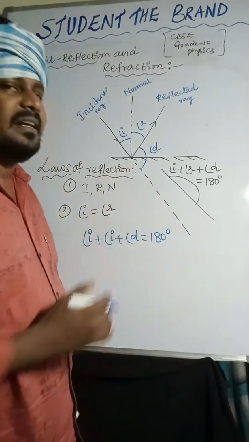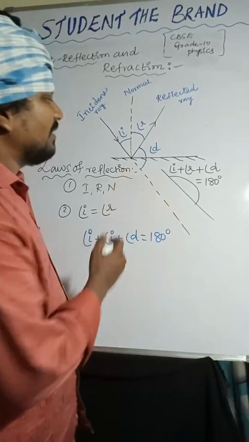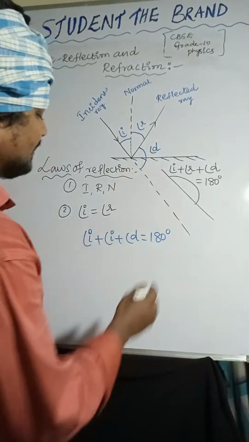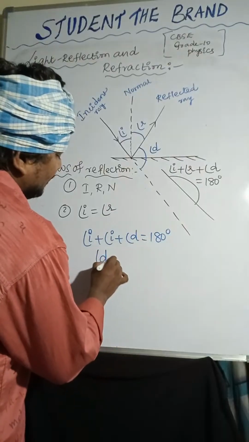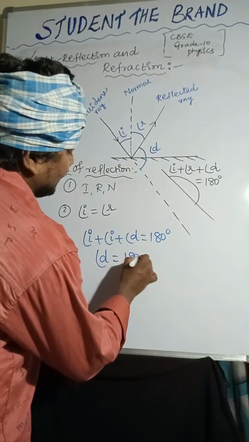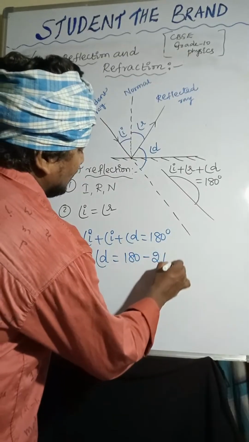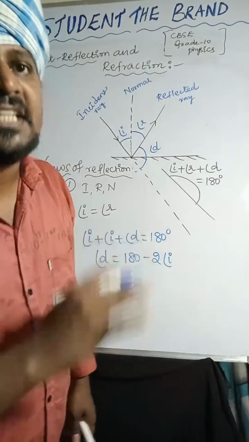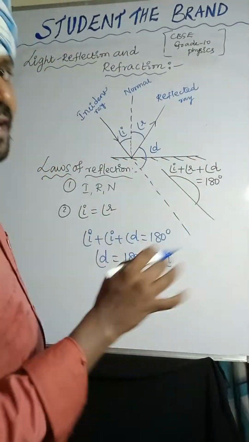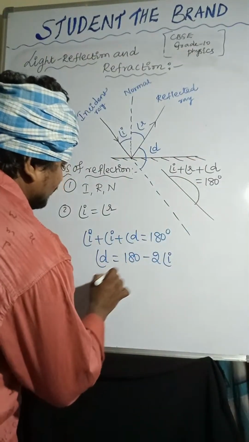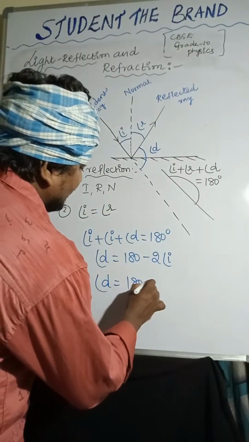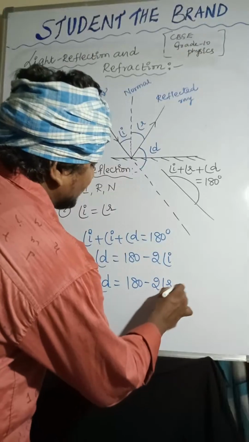So angle of deviation equals 180 minus 2 times angle of incidence. Angle of deviation can also be taken as 180 minus 2 times angle of reflection.